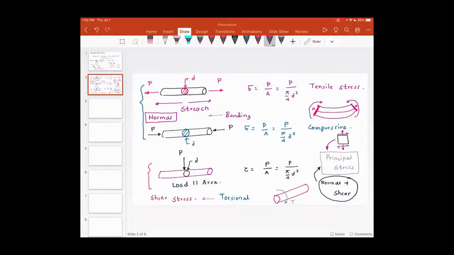And just to give you a simple example, if you look at aluminum, if you stretch the aluminum in a tensile testing machine, you will always observe that the failure is at 45 degrees. And that is just the material property. The question is why a material such as aluminum fails at 45 degrees. On the other hand, for a material like steel, if you look at the failure, it's 90 degrees.